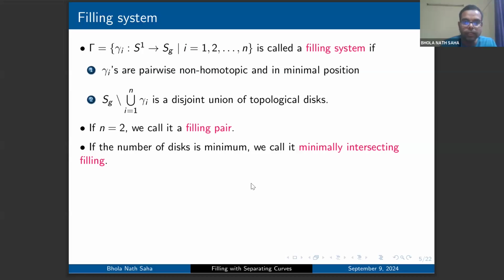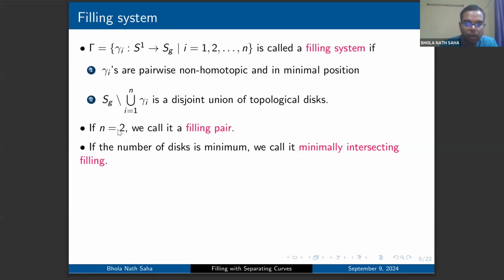Now we define filling systems. A collection of simple closed curves is called a filling system if the curves are pairwise non-homotopic, they are in minimal position, and the complement of the union of the curves in the surface is a disjoint union of topological disks.